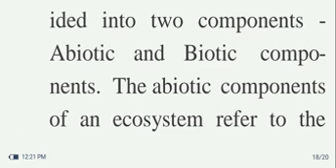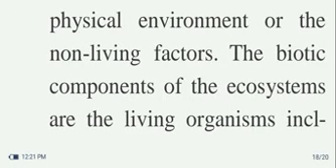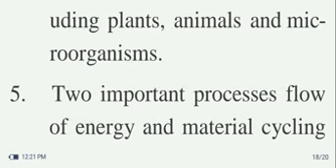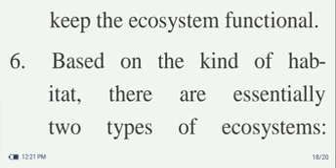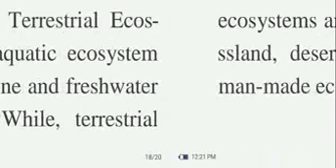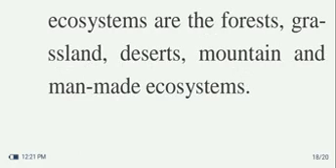Abiotic and biotic components are there: non-living factors, living organisms. Flow of energy and material cycling keep the ecosystem functional. Two types of ecosystems are there: aquatic and terrestrial. Marine and freshwater. Terrestrial ecosystems are the forest, grassland, desert, mountain, and man-made ecosystems.